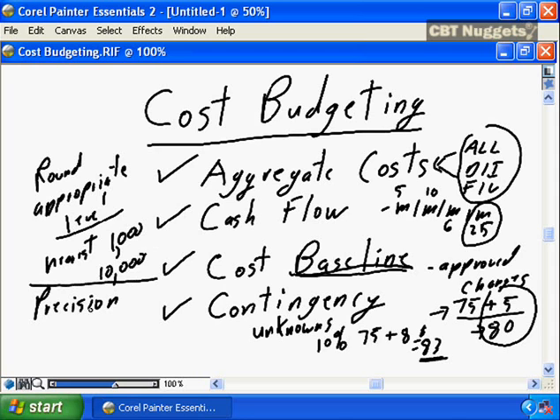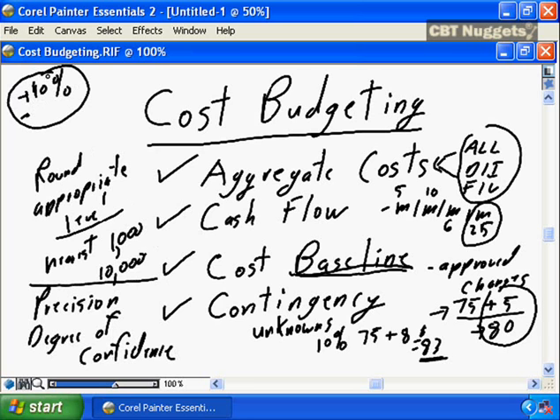Or, another way of stating it, your degree of confidence. Do I believe my budget is plus or minus 10%, i.e., this is a very detailed, focused budget?